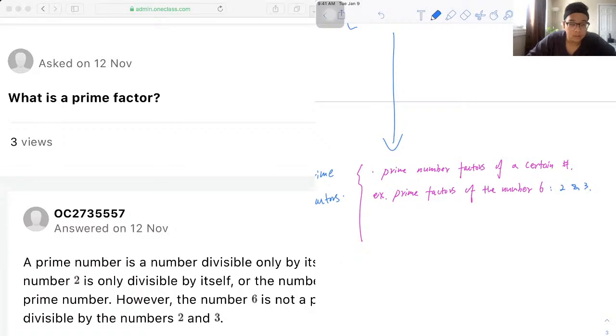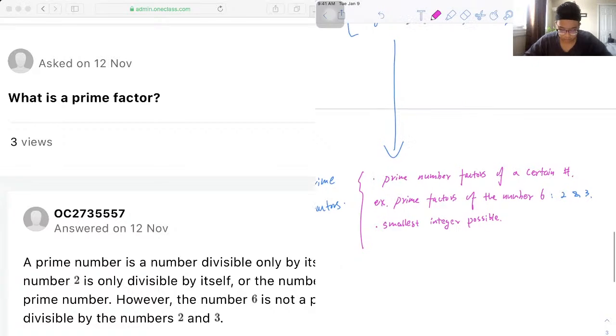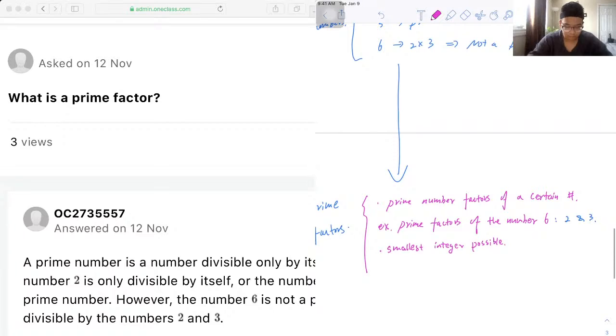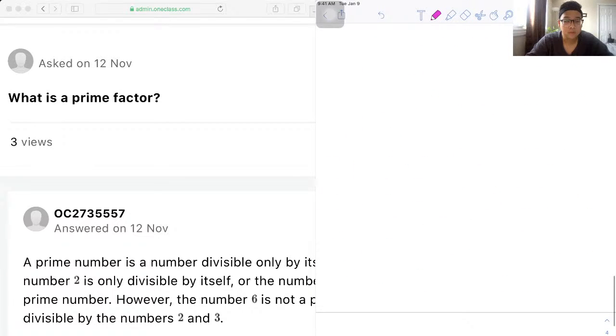Yeah. So prime factors of a number can be calculated when you break up the number as a product of the smallest integers possible. Right, so I think that's all we got for this part.